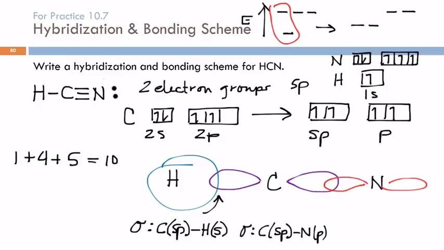Can you explain more why, I understand in the first sigma part why the hydrogen is just s, but why in the second one is the nitrogen just p? Because we're assuming that it doesn't hybridize. So then why are you leaving out the first box? It's already filled. This is a lone pair.